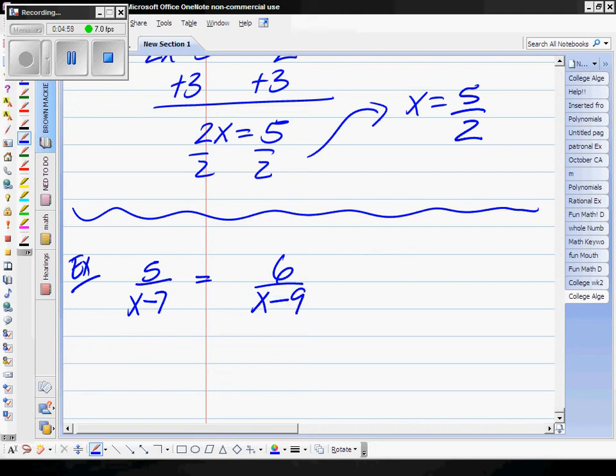Are my denominators the same? No, they're different, right? So, since they are different, they both are included in my least common denominator because they're both two different things, right? So my LCD is x minus 7 times x minus 9.